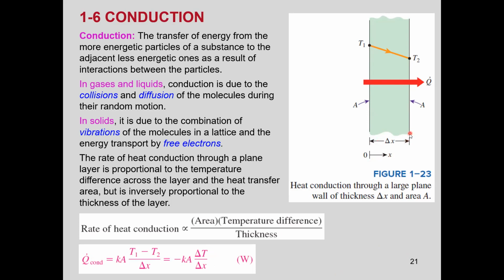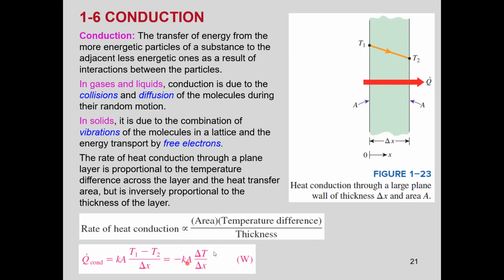Delta X, this distance minus this distance is positive. Delta X is positive, but in the positive X direction, delta T is negative. So to make the heat transfer in the positive X direction a positive vector quantity, we have to add a minus sign here so that your result for the heat transfer is positive.